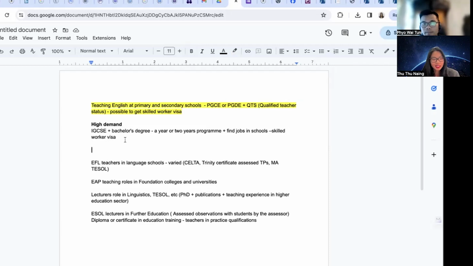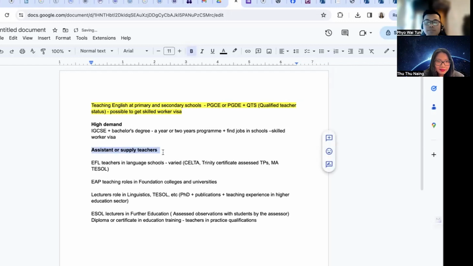But the problem would be just the visa. If you have got a visa, you can work as an assistant teacher in those schools, or maybe a supply teacher. Although they usually say we need that kind of qualification, sometimes if they like you, they usually give you a main teacher role.